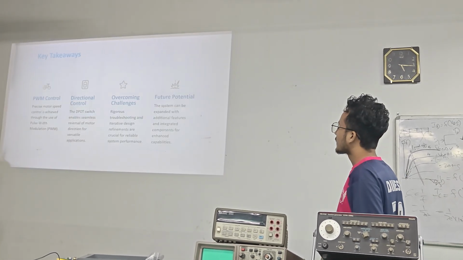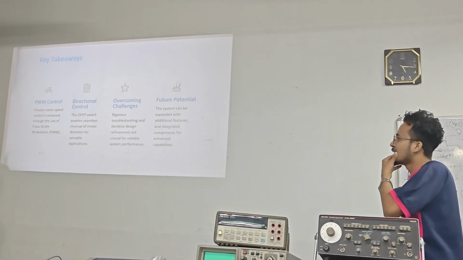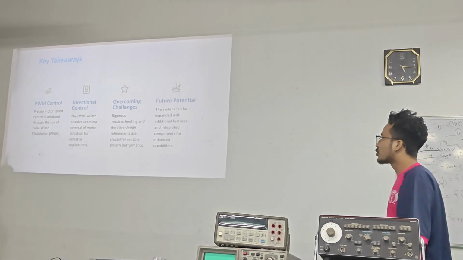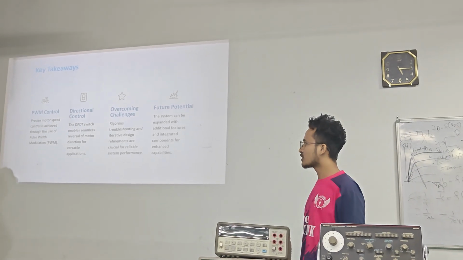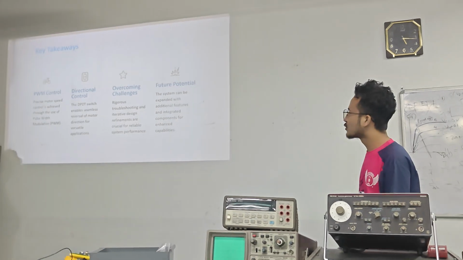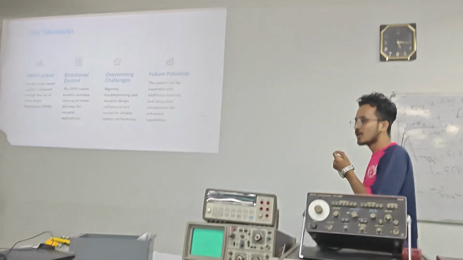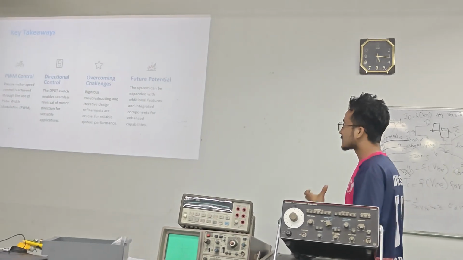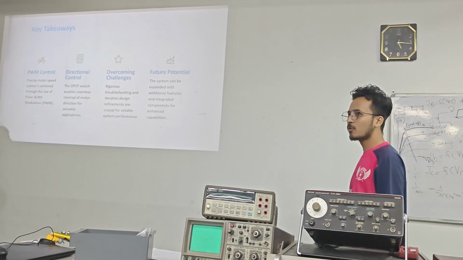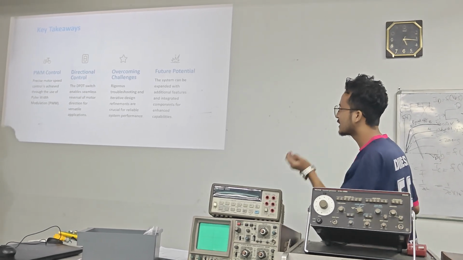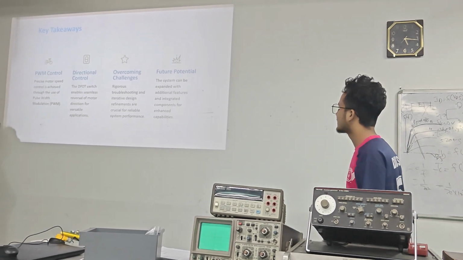functionality. Key takeaway: pulse width modulation control. Precise motor speed control is achieved through the use of pulse width modulation. We can control the speed of a motor by using pulse width modulation, as our member already explained.